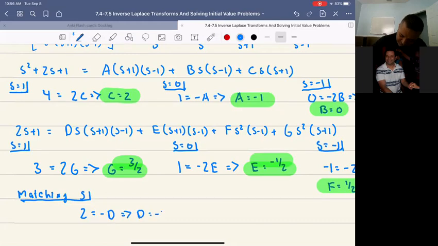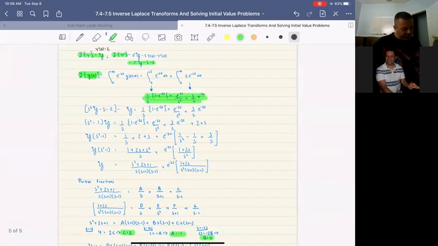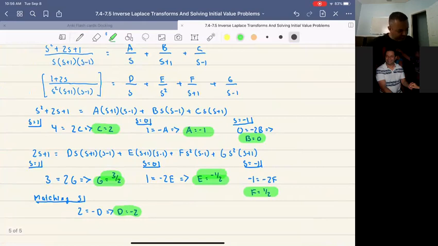So D is going to be -2. Okay, that was the partial fraction decomposition. All right, just making sure that I have what I had yesterday. Let me just double check that, because yesterday I had D equaling -1.